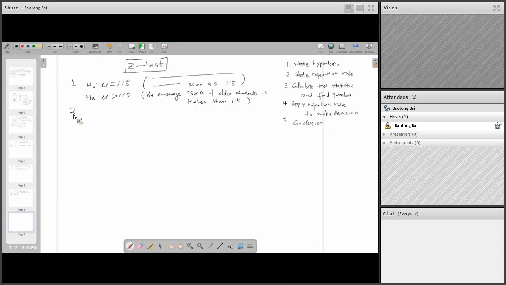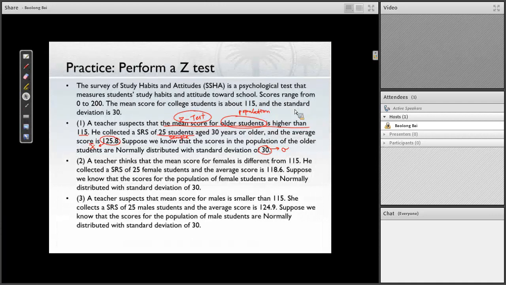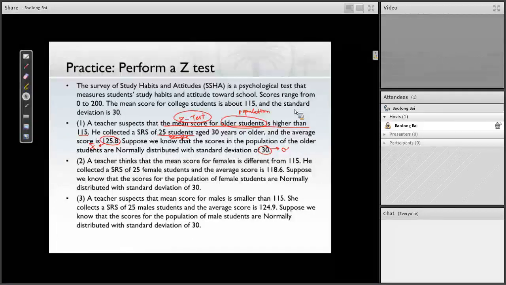Then second step, state the rejection rule. Like we said earlier, the rejection rule is always stated as: if p-value is less than a number, then reject the null. And this number will be the type 1 error rate alpha, right? So in the problem, does it give us what alpha to use? It didn't mention anything, right?